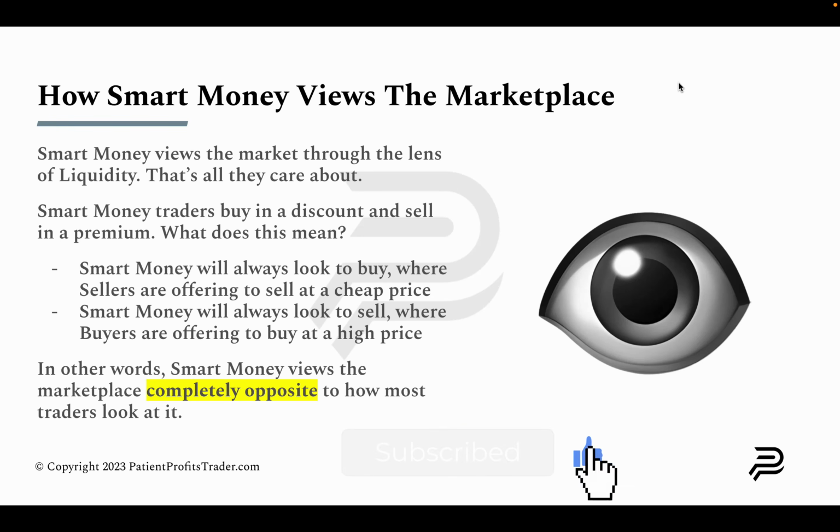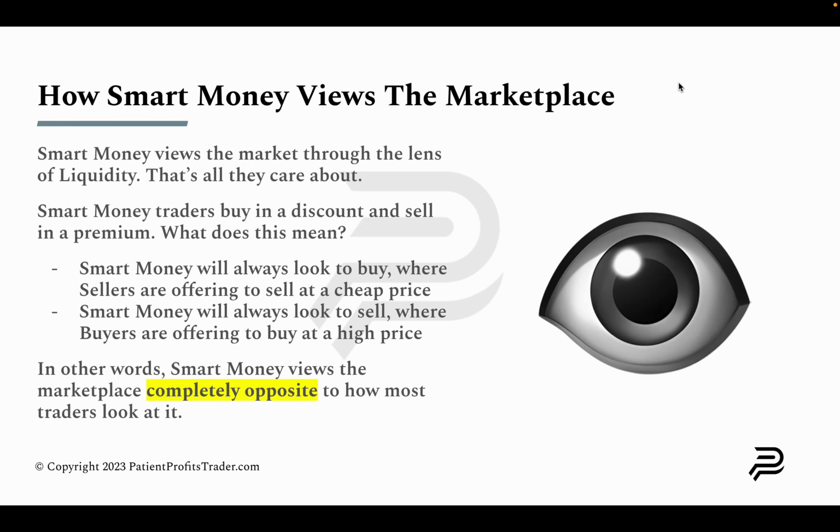All smart money cares about is liquidity. When they're looking at the marketplace, when they're looking to enter a trade, all they're focused on is which liquidity pool is likely to be raided. Okay? Smart money views the market through the lens of liquidity. That's all they care about.